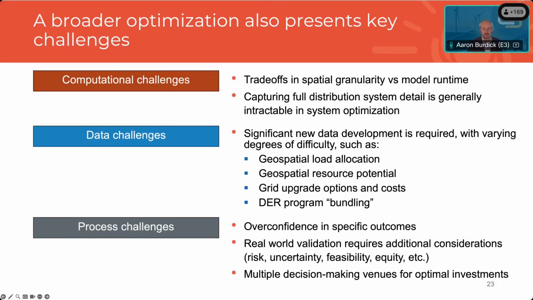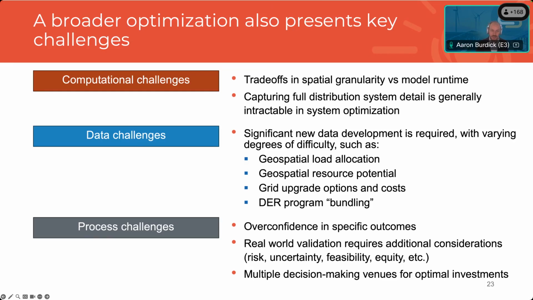So whenever we run an optimization, we run the risk of being overconfident in a specific outcome. So as planners, we have to have humility and understand that there is uncertainty in our inputs and that there are additional considerations to decision-making beyond just the least cost optimization when we hit go on the model.